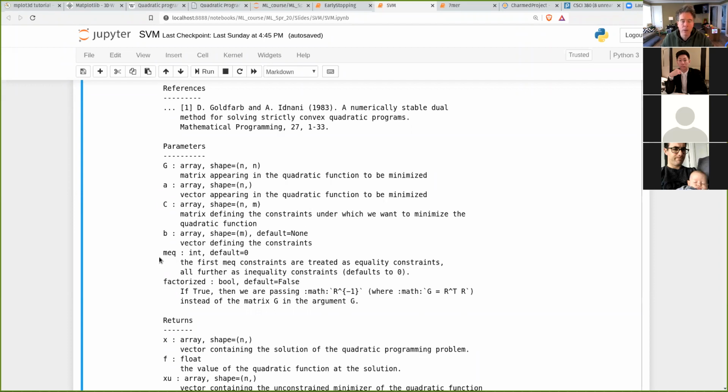You should be passing 4 things to quadprog: G, A, and then we call this capital A. You can call it C if you want, but that's going to collide with the traditional notation for the regularization parameter in SVMs that we're going to talk about in a second. And then we call B V. So you should be passing it 4 parameters.